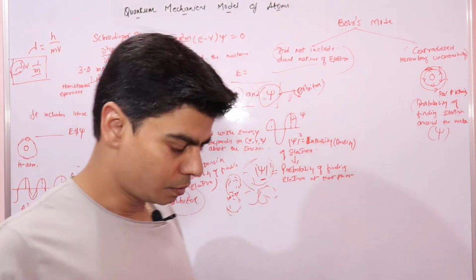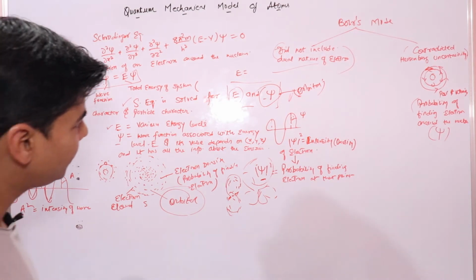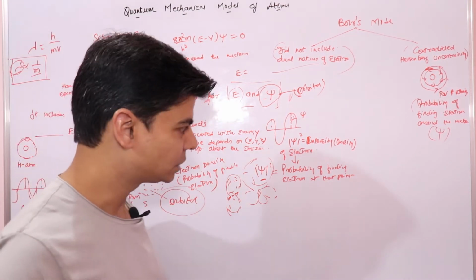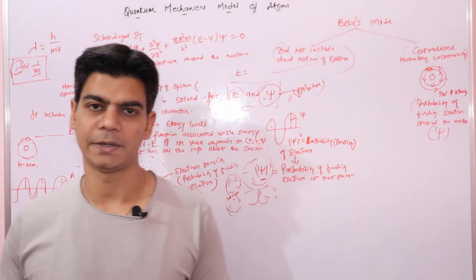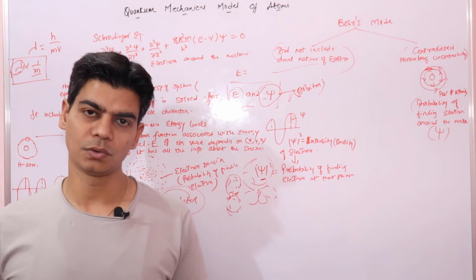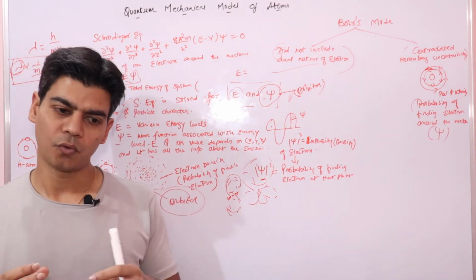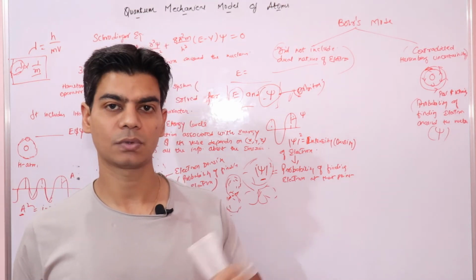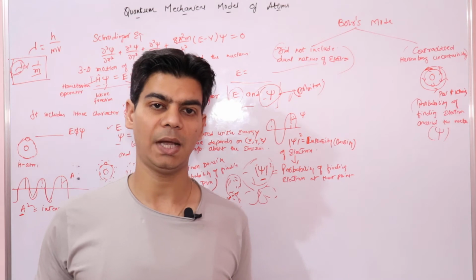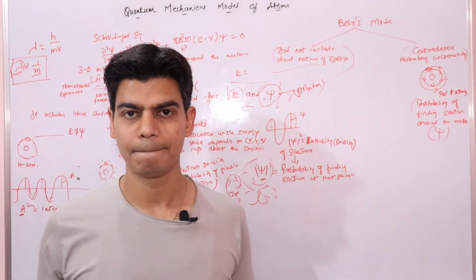Now, another important thing is, since we have solved the Schrodinger wave equation for a single electron atom, which is your hydrogen atom. So if we solve the Schrodinger equation for hydrogen and hydrogen-like atoms, hydrogen-like atoms are like helium plus, right?